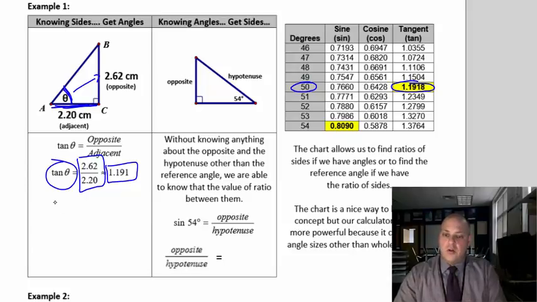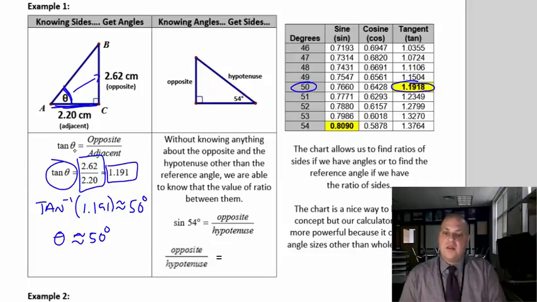All right, so what I'm actually doing here is tangent inverse, tangent raised to the negative 1 of 1.191, and that is approximately 50 degrees. So I know theta is approximately 50 degrees. Again, I knew the tangent, so I know the angle.